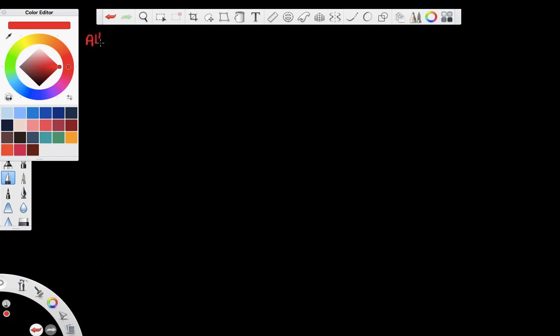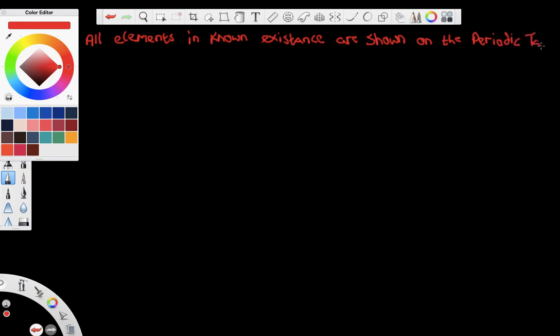All elements in known existence are shown on the periodic table.